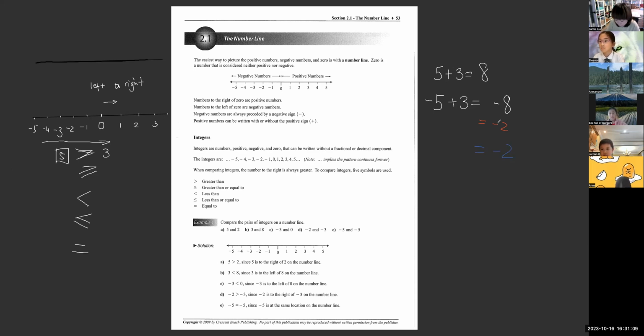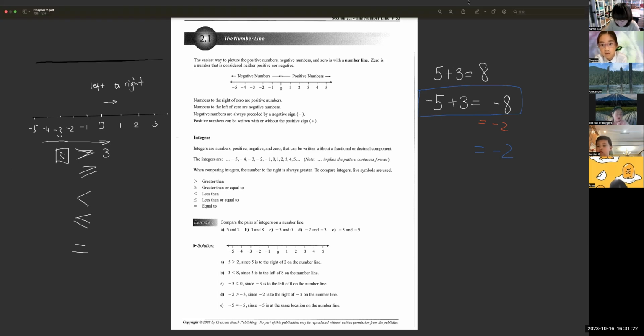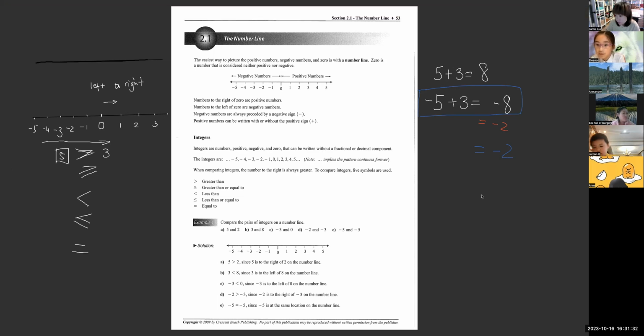And Anna, can you give me the answer for the first question? -5 plus 3. -2. You think it's -2 as well, okay? So Alexander, what do you think?